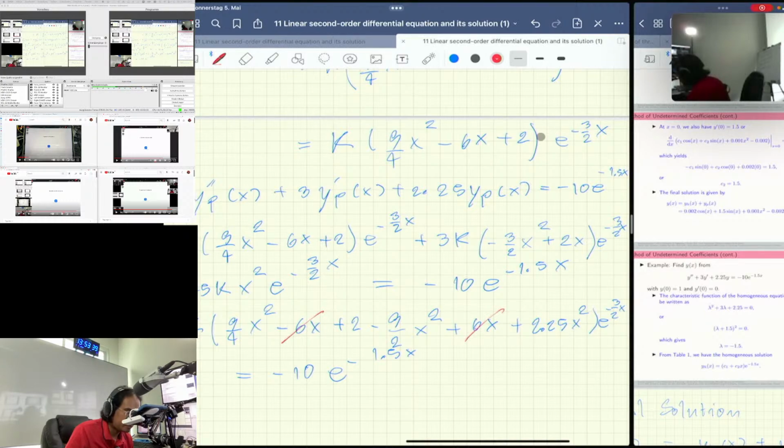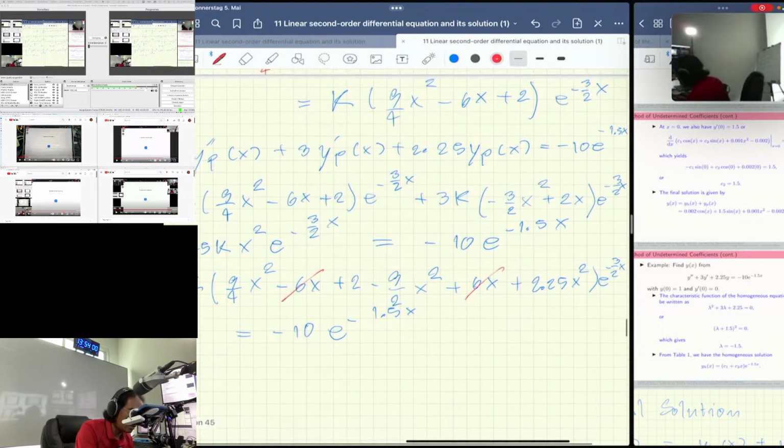So 2.25, you know that 2.25 is actually 9/4, right? 9/4.